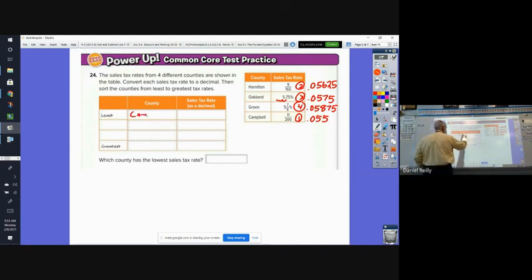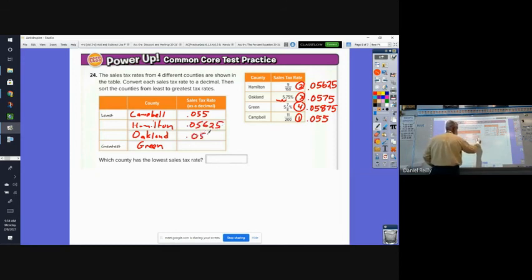Campbell, Hamilton, Oakland, and Green. And you can put all these things in here too. 0.055, 0.05625, 0.0575, 0.05875.